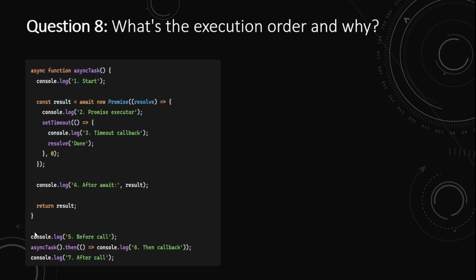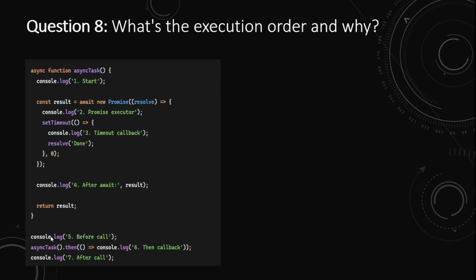After that, the async task function is called, which is an async function. Under this, synchronous execution will run until the first await keyword is encountered. So just before the await, console.log start is executed.